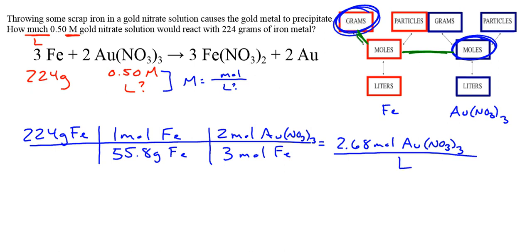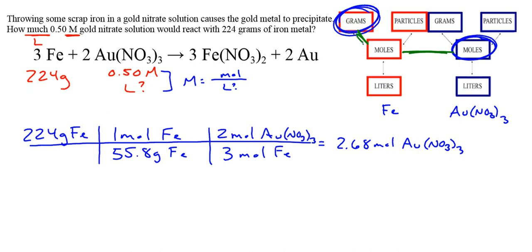So I'm going to literally write it like this. Now, if that's confusing, because that is the setup, molarity equals moles over liters, we could get rid of that line.